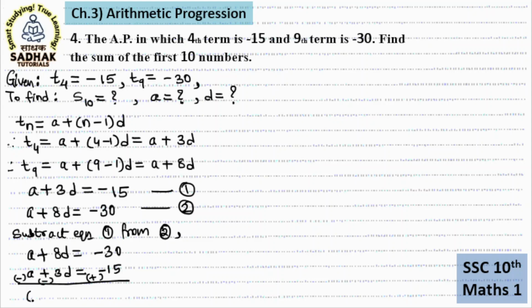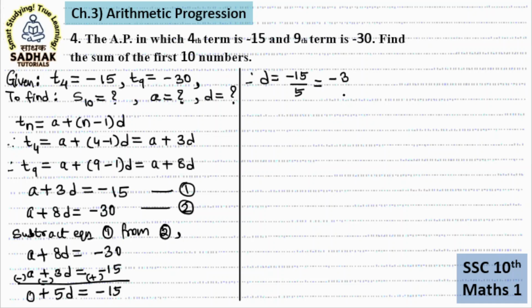So A minus A is 0, 8D minus 3D is 5D, and minus 30 plus 15 is minus 15. Therefore D is equal to minus 15 upon 5, so that gives us minus 3. So D we got is minus 3.